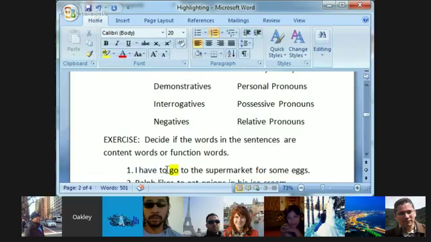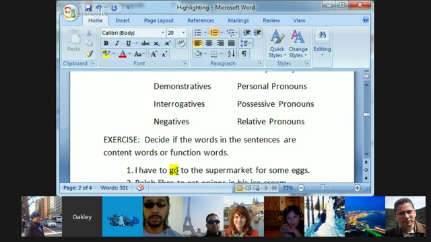Have. Okay, it is very good. This is a little bit tricky. I'm sorry to interrupt you, but have to here is functioning as a modal, like must. I must go. I have to go. Have to. In fact, it's reduced to hafta, right? Okay, let's continue.